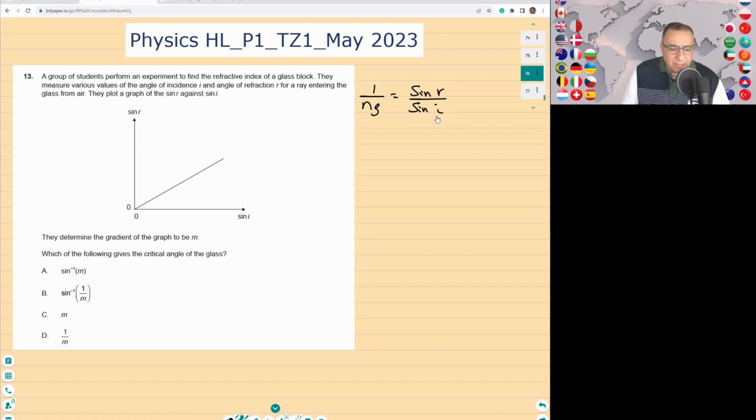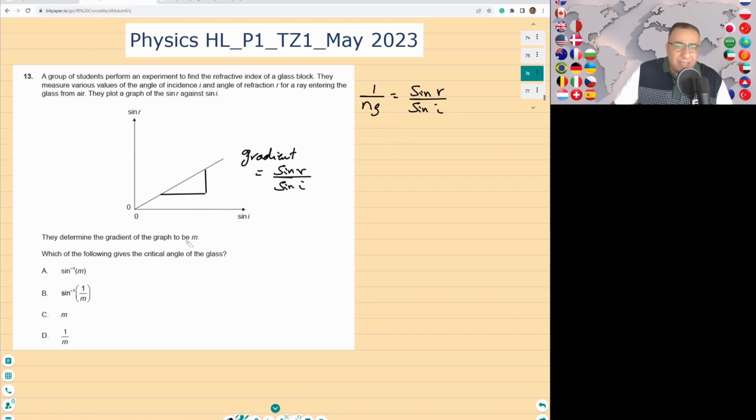Now the gradient of this straight line is going to be delta y over delta x. But since it starts from the origin, I can say right away y over x, which is y minus 0 over x minus 0. So the gradient is whatever is on y, which is sine r, divided by sine I, which is on the x-axis.